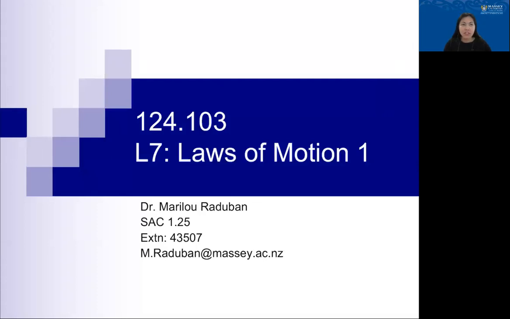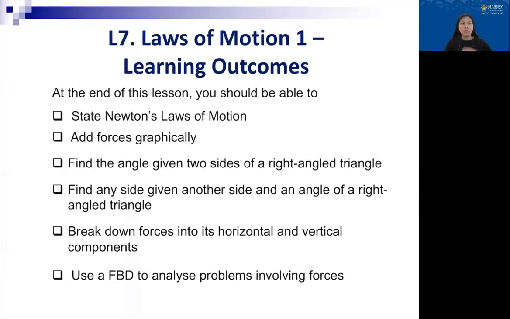This is lecture 7 of 124 103 Biophysical Principles. In this lecture, we'll still continue talking about the laws of motion. Last time, we started talking about why objects move.